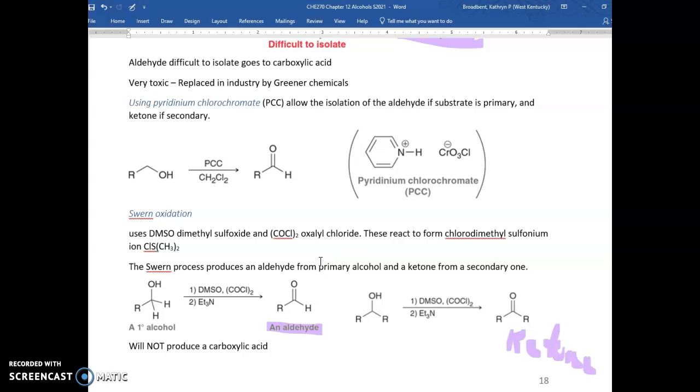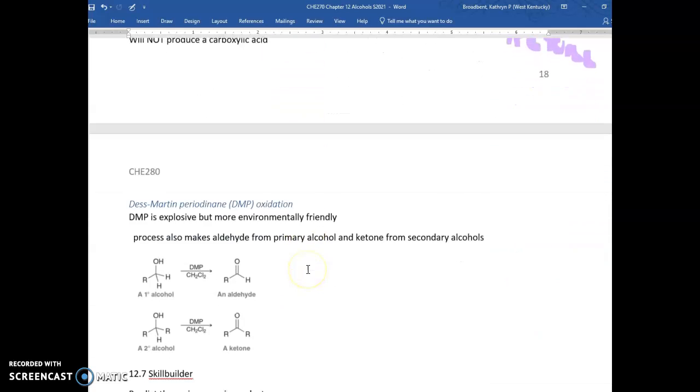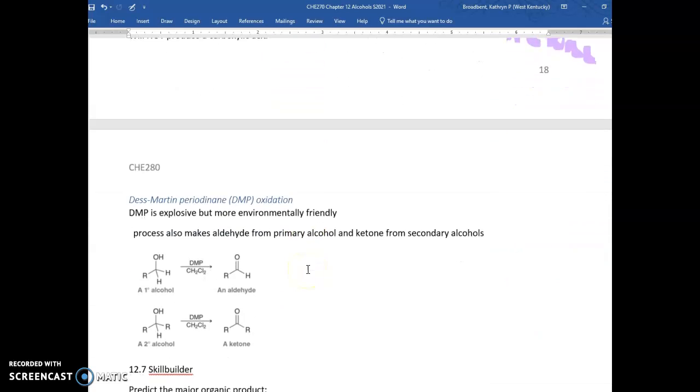It does not produce the carboxylic acid. The third one here is the Dess-Martin DMP oxidation. This is an even more environmentally friendly compound, and it also produces aldehydes and ketones from primary and secondary alcohols.